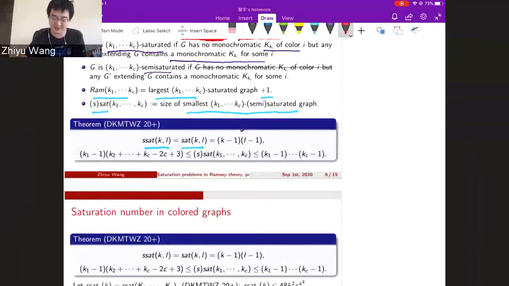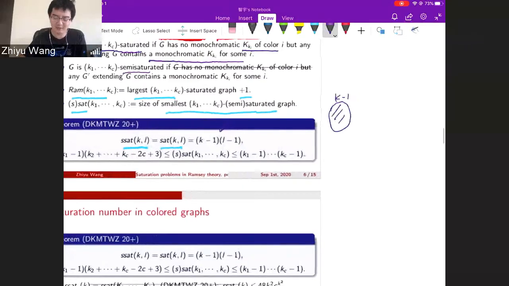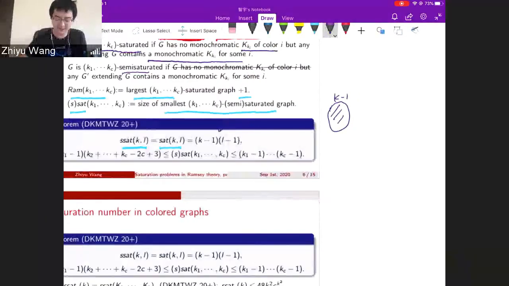We don't want any K_k clique, so let's have a (k minus 1) clique, and the graph must have such cliques, otherwise it wouldn't be saturated. Then all we need is (l minus 1) copies of these (k minus 1) blue cliques.